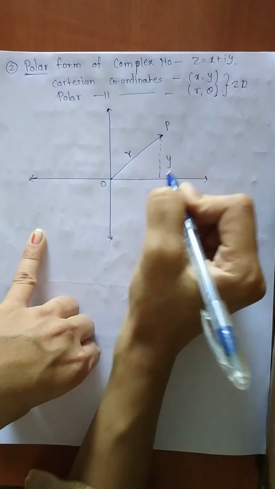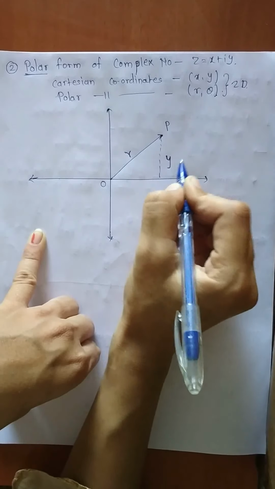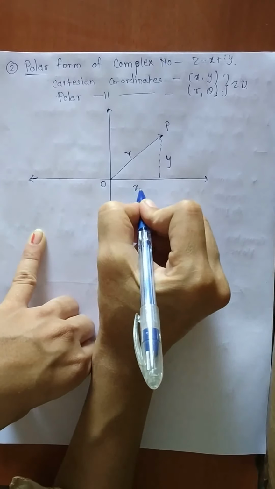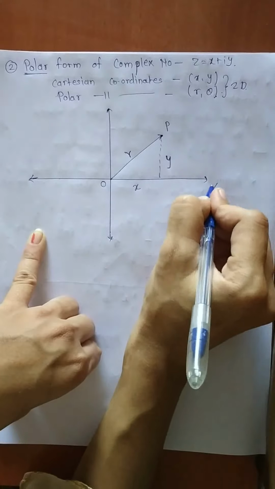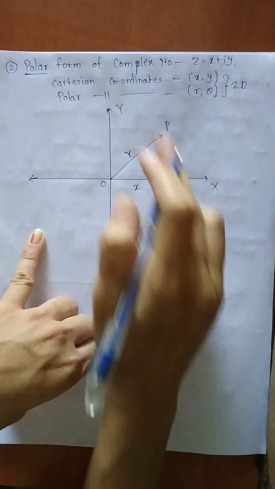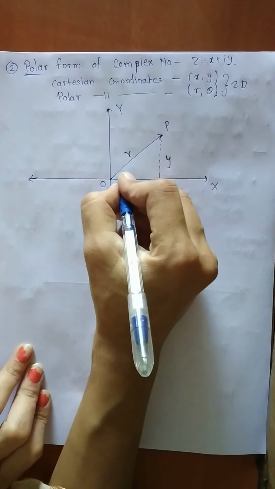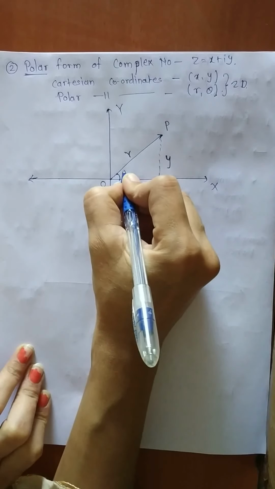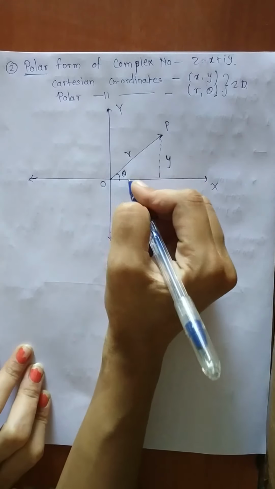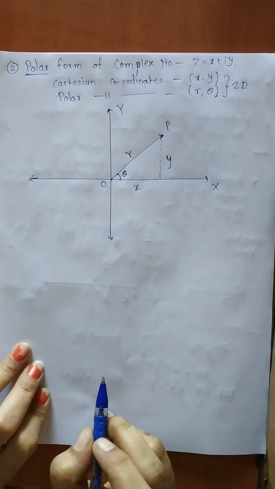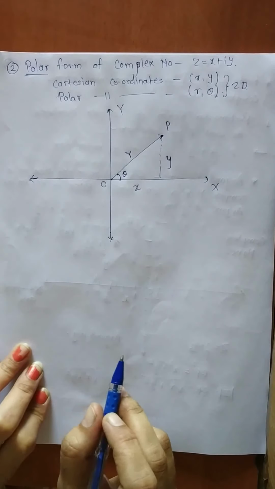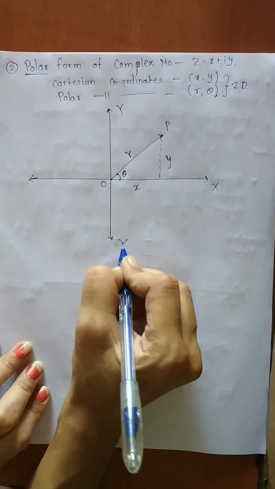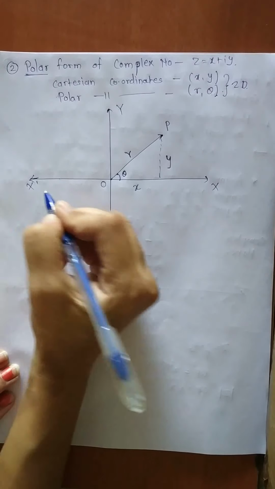This will be our Cartesian coordinate y, and this will be x. This is the x and y axis, and the angle made by the position vector of point P is taken as theta. So this is nothing but the polar representation of a complex number on the complex plane.